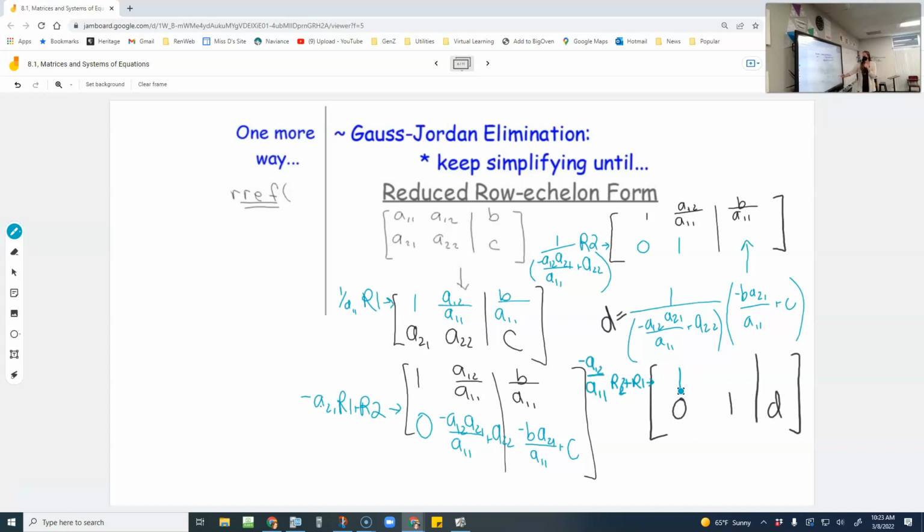Multiplying this guy by 1 and then adding will cancel that guy out. I made him a letter, so I'm going to say negative A12 all over A11 times D plus B over A11.